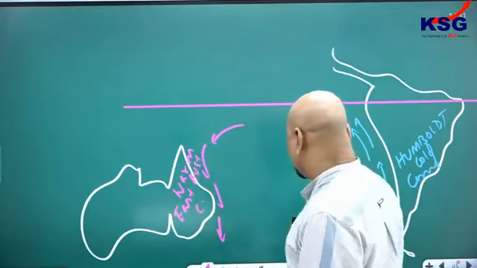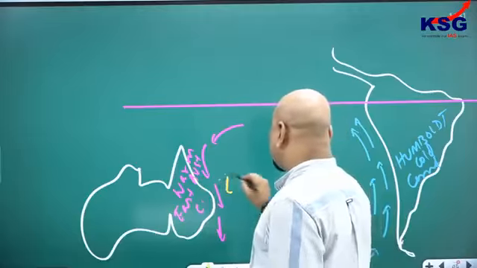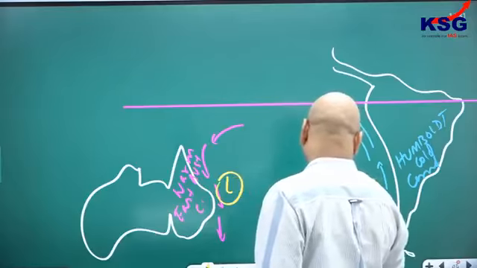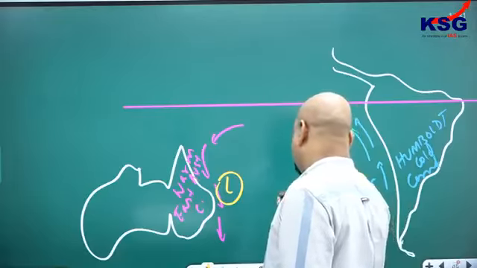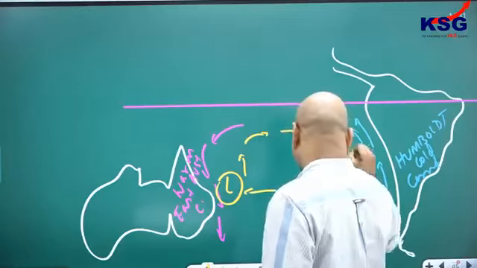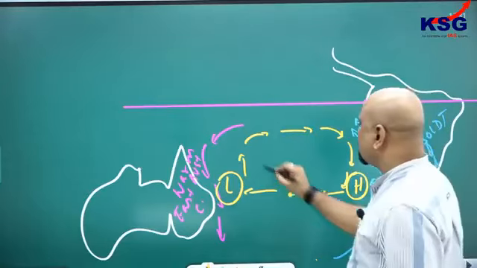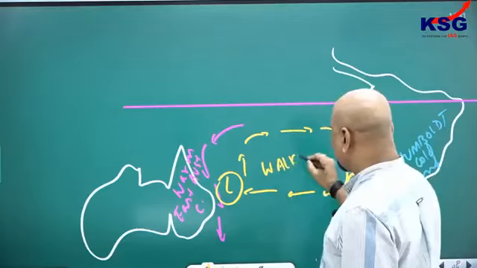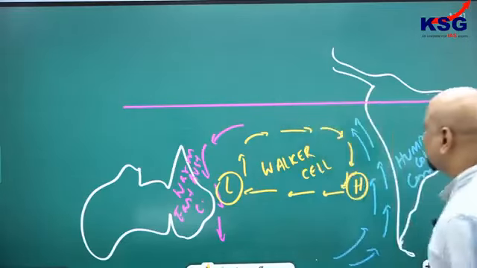So in general there is a low pressure condition here and a high pressure condition in this region. Because of this, wind will blow from high to low, and this type of circulation in the atmosphere takes place, with sinking of the air. This is known as the Walker cell.